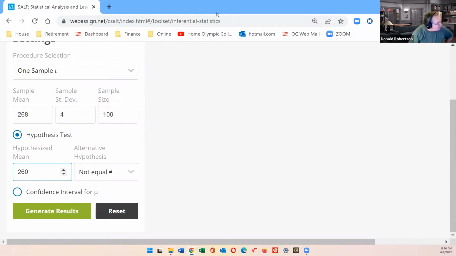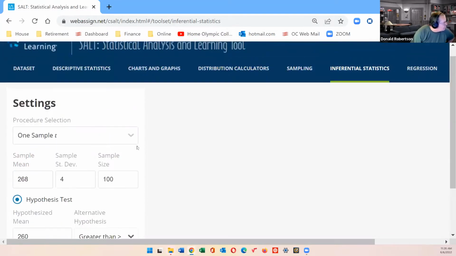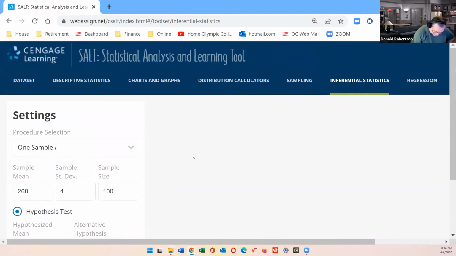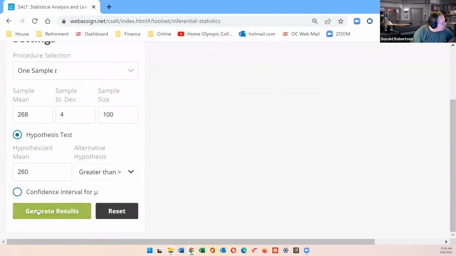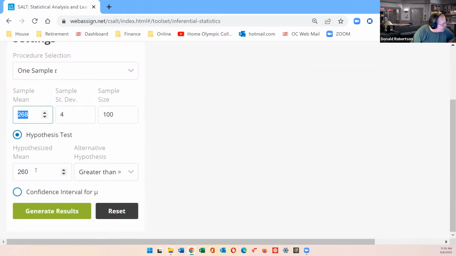They don't mention if it's a greater than or a less than. Huh. Okay, so then I will do greater than. Oh, wait a minute, what's the number look like? 268 is bigger. Yep, greater than will work. That's, I guess, how I knew it was that. The mean is 268. Isn't that bigger than 260? So that's why I knew it's greater than.